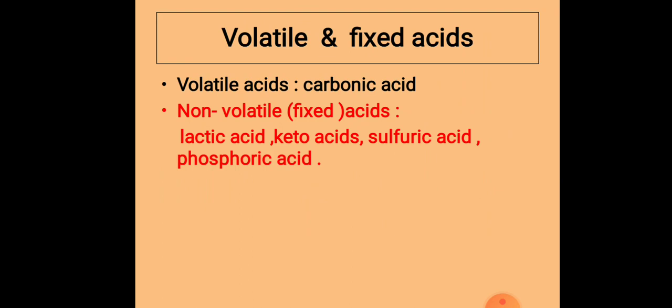There are volatile acids such as carbonic acid, and non-volatile acids such as lactic acid, keto acids, sulfuric acid, and phosphoric acid. Lactic acid can be produced during anaerobic metabolism of glucose. Sulfuric acid can be produced during the metabolism of sulfur-containing amino acids, and phosphoric acid can be produced during the metabolism of phospholipids.